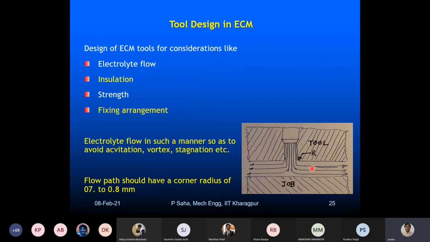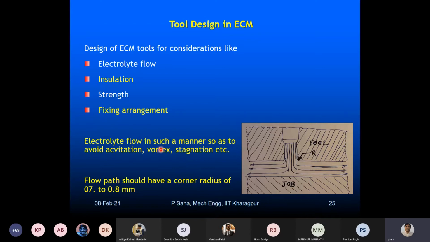Say, for example, here we are centrally allowing the electrolyte to flow, and this is the job and this is the tool. Through the central hole the incoming electrolyte is flowing, and it can go either this way or this way in the inter-electrode gap. But you see here we are not making things very sharp, we are putting some curvature. We have to ensure the electrolyte flows in such a manner that local stagnation is not there. Stagnation of electrolyte means the reaction products will stagnate and accumulate.